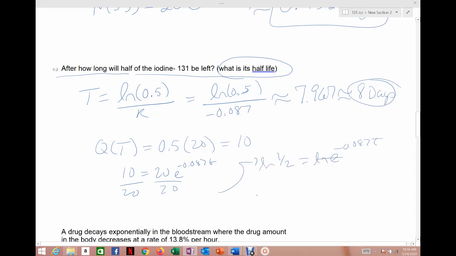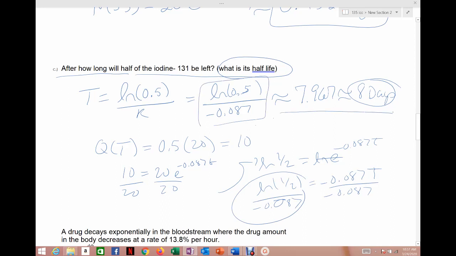Take the natural log, and I'm left with the natural log of 1/2 equals negative 0.087 times time, and the last step would be to divide by the k. That's exactly the same thing we found here, so it would give us the same answer.